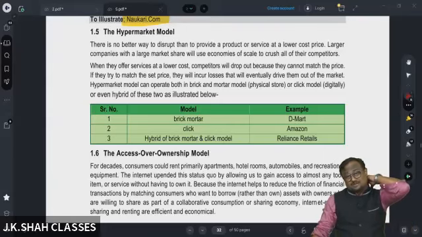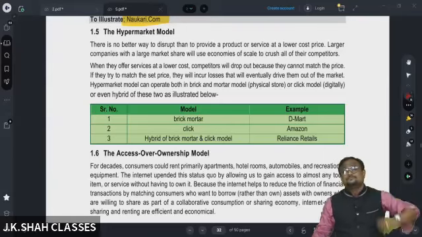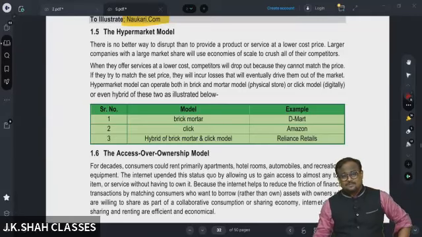So they generally get it at 30% of MRP. They sell it at 50 to 80% of MRP. Still they are getting profit out of it.